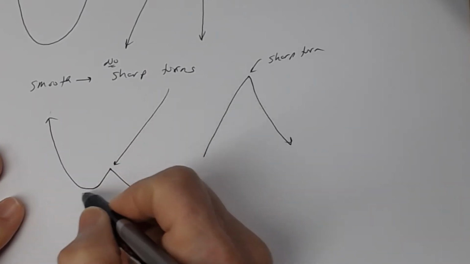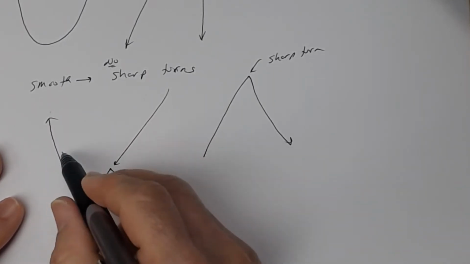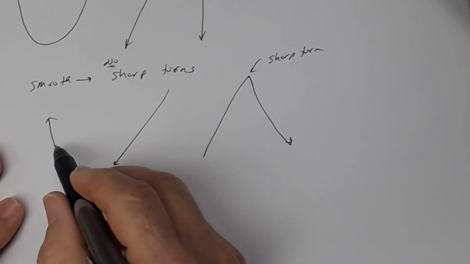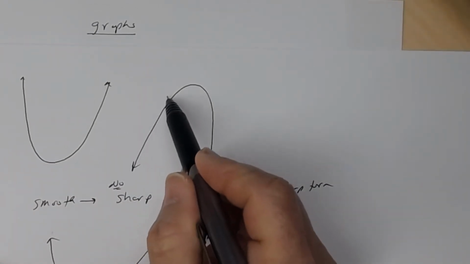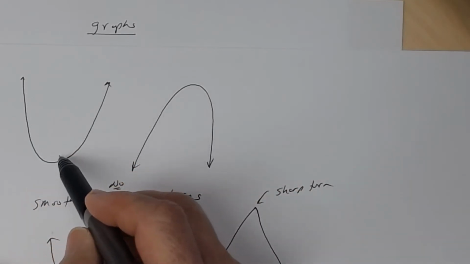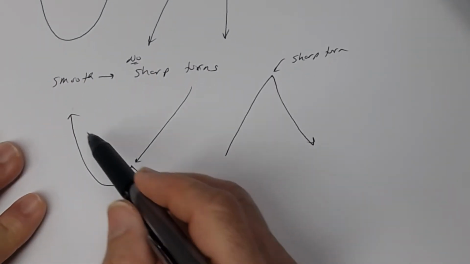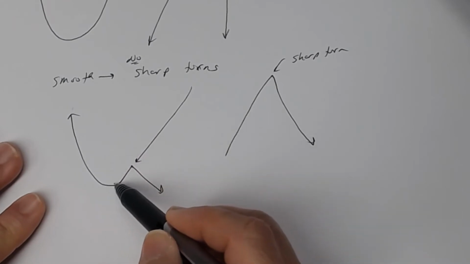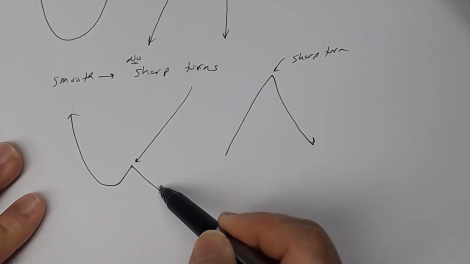It's kind of like driving in a curve. So think about driving in a curve. It's very smooth driving; you're smoothly driving. Here you're driving in a curve, and then all of a sudden you're making a sharp turn.